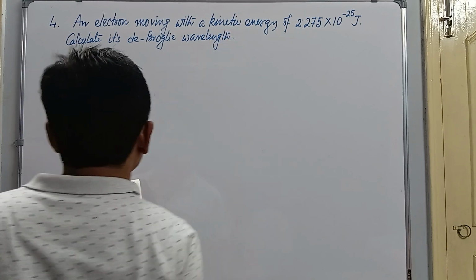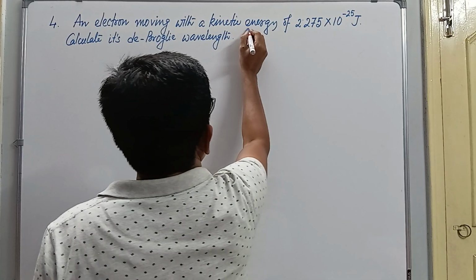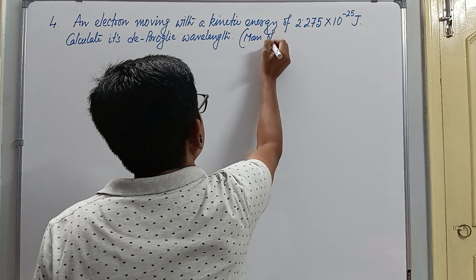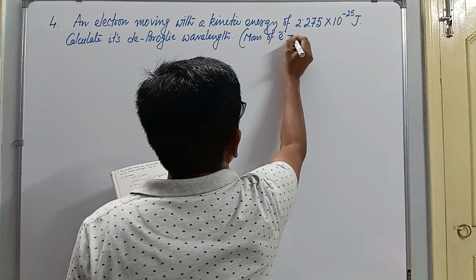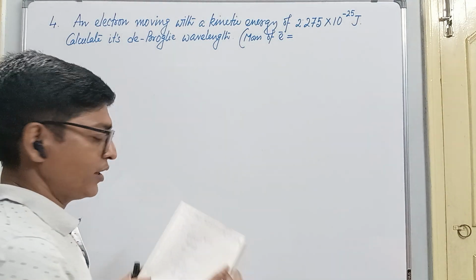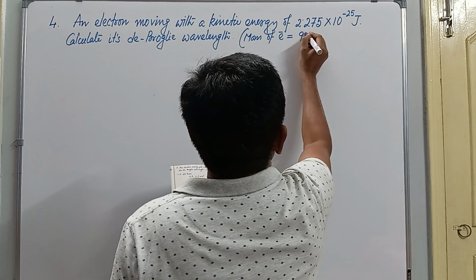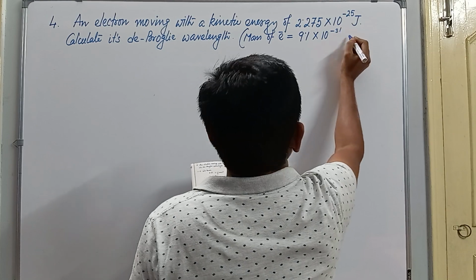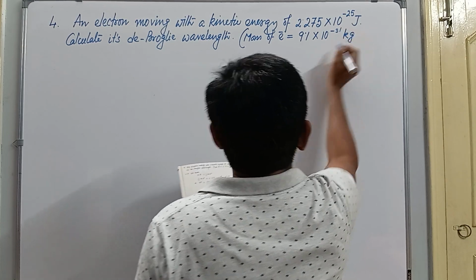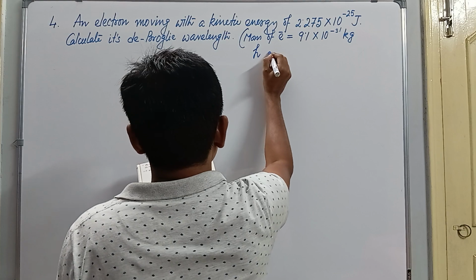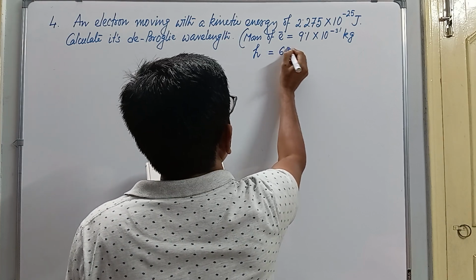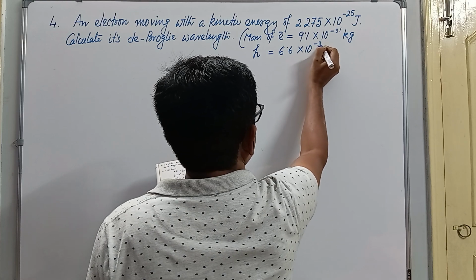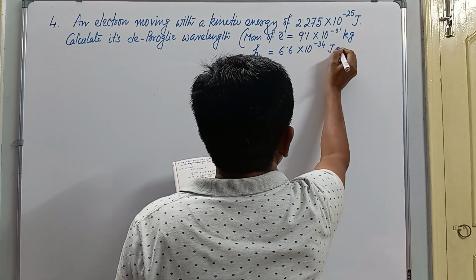Okay, very straightforward question, and they have provided the mass of an electron. Mass of electron, already we know that one, but again, as they have mentioned in this question, I am writing it once again: 9.1 into 10 to the power minus 31 kg, and h, Planck's constant, they have given 6.6 into 10 to the power minus 34 joule second.